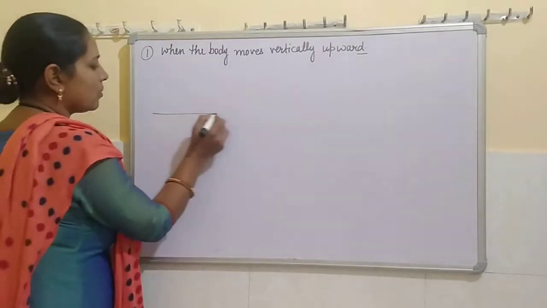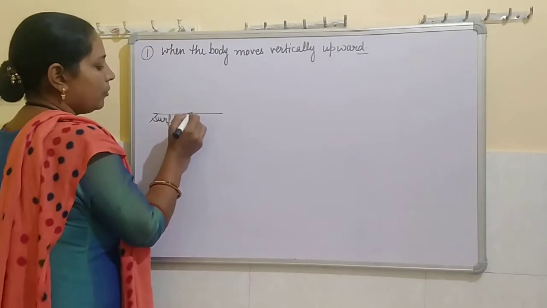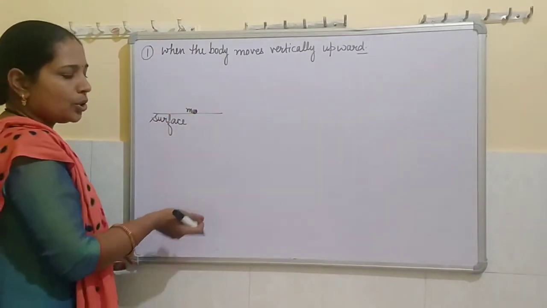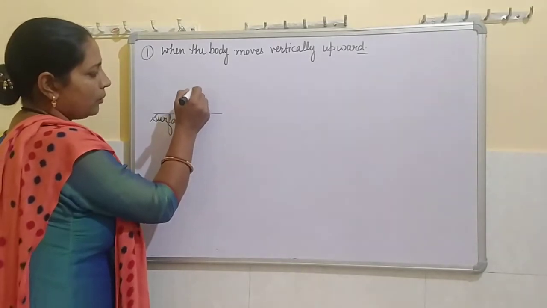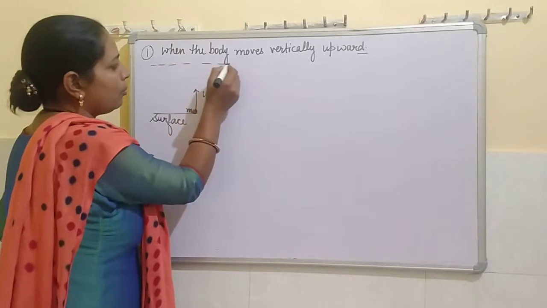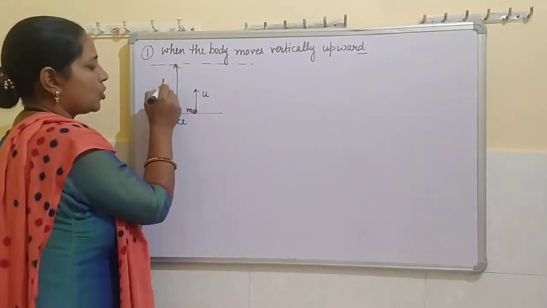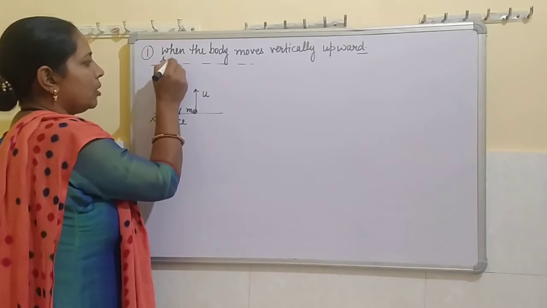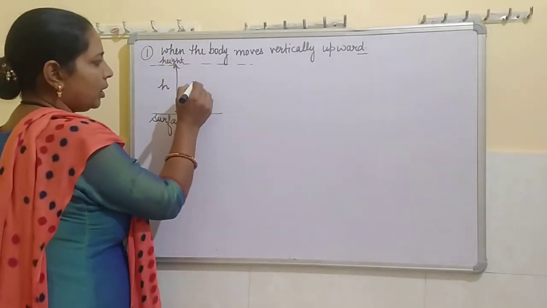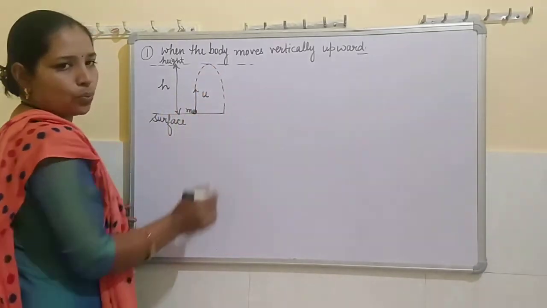Suppose this is our earth surface and we have a body of mass m here. When we throw this body vertically upward with velocity u, then it will surely go up to some height. Suppose this height is h, and when the body comes at the maximum height, it will stop momentarily here and then it will come down in this way.